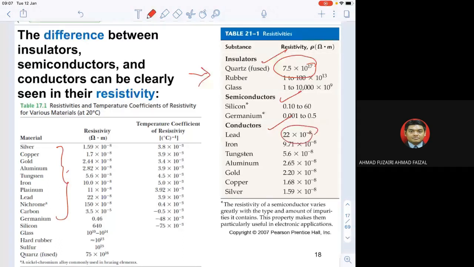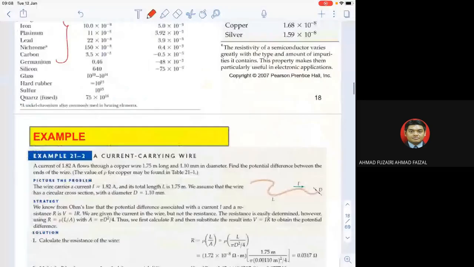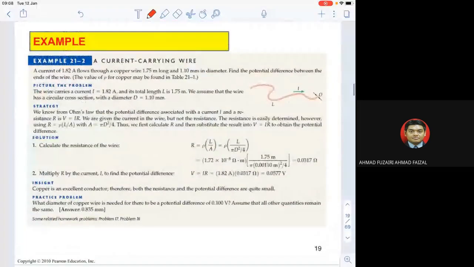You can look at the values: insulators will have a greater value compared to conductors in terms of resistivity. So you will have to memorize this. It will be put inside your questions, don't worry. Let's look at the examples.